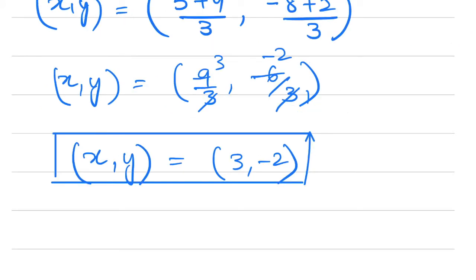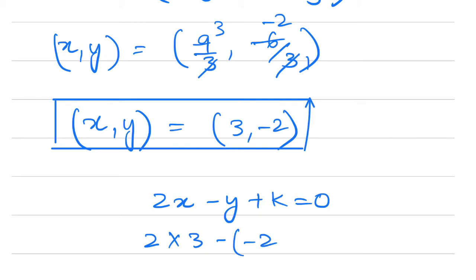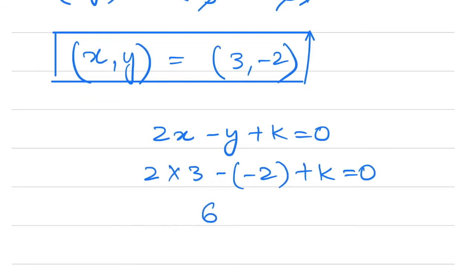Now we have to find the value of k if the point P lies on the line whose equation is 2x minus y plus k is equal to 0. Now we know x is 3 and y is minus 2, so 6 plus 2 plus k is equal to 0. So k is equal to minus 8.